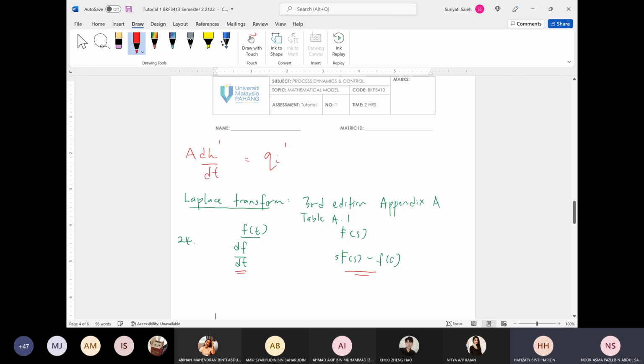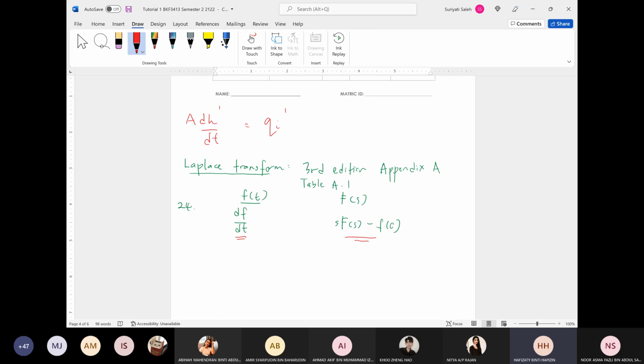If we try to reflect it in our model, whenever we have df over dt, you get sF(s) minus f(0). We can see the f here has been changed to the capital F, and then you put the bracket of the s to indicate it is under Laplace transform. In my case, imagine that if I change f to h prime, I put dh prime over dt.